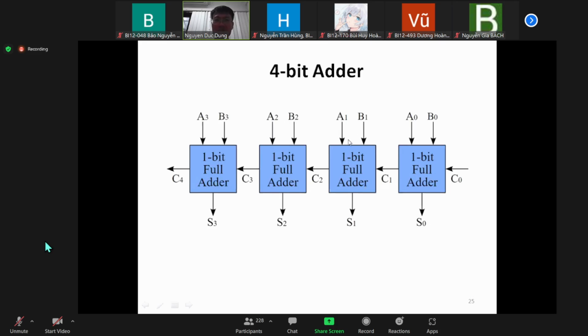The second digit of the two numbers, the third digit of the two numbers, I put all together at the same time into the 1-bit full adder. But the problem is that we have to wait for this full adder to finish the calculation, because the result of S1 depends not only on the inputs A1 and B1, but also the output of the first 1-bit full adder.